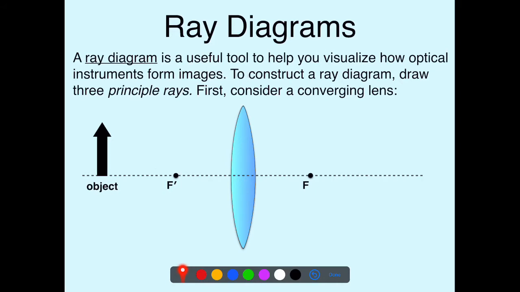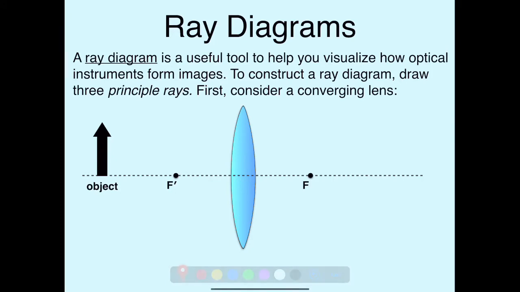These three rays, which start from the object and then go through the lens, are called the three principal rays. If we can find the point where those three principal rays converge after going through the lens, then we know where the image forms.